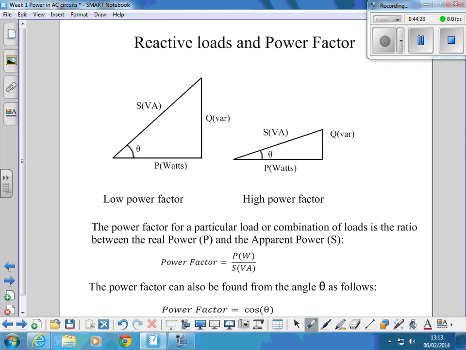A power factor of unity, or 1, is an angle of 0, so it's a perfect non-reactive load. Generally you don't get to that in an industrial situation, because beyond a certain point you don't get the payback on the amount of capacitance you have to add to get rid of any more reactive load. So our power factor is the cosine of this angle, or we can get it from the ratio between P and S.